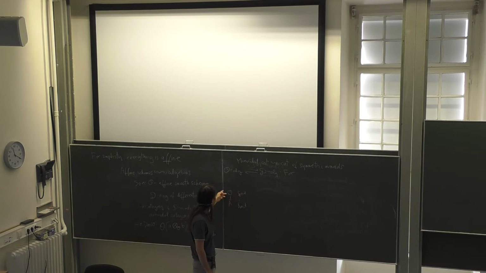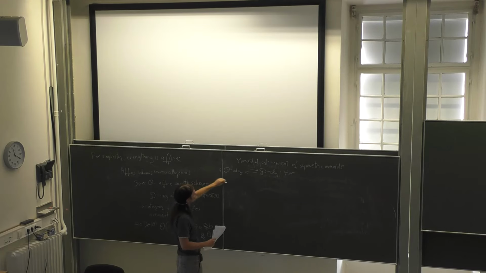So these will be like vector bundles. But I think things will become clearer on the first example.